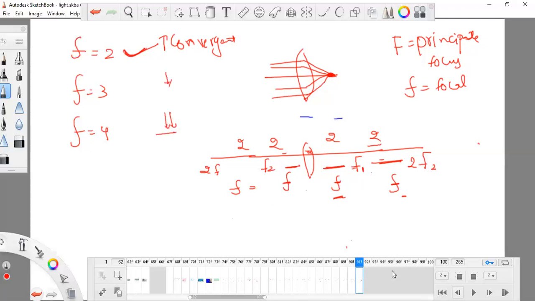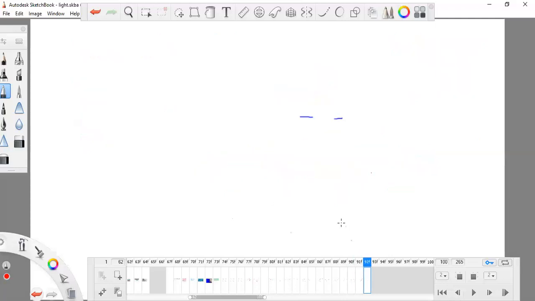Now for the concave mirror, just wait for 2 minutes, I'm getting my charger because my battery is getting down. I will come in just 1 minute.